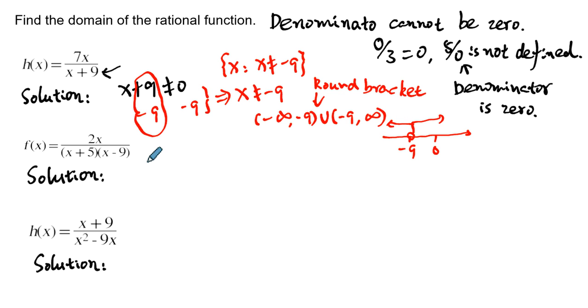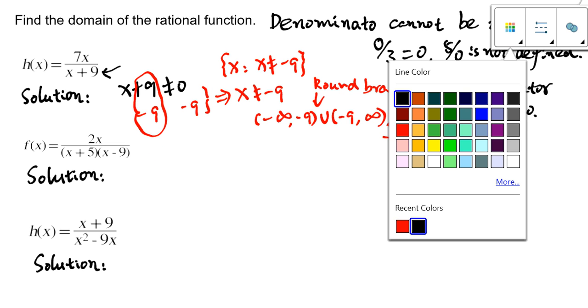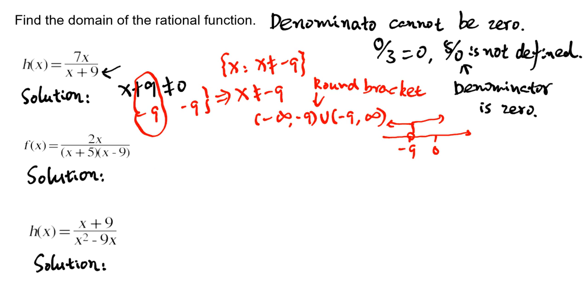And here, for this one, was the solution. Here we have x plus 5 and x minus 9 cannot be 0.